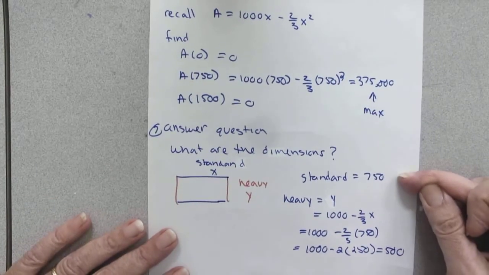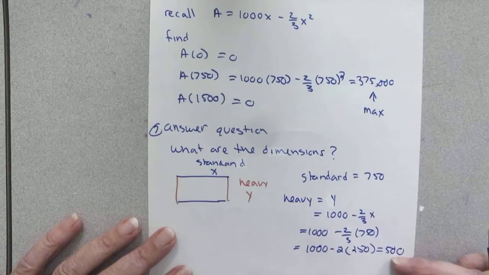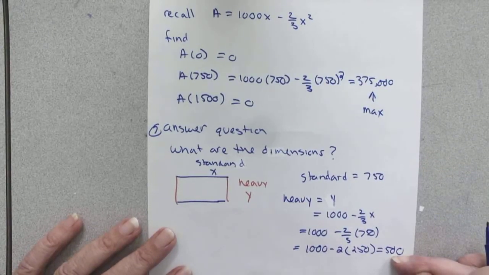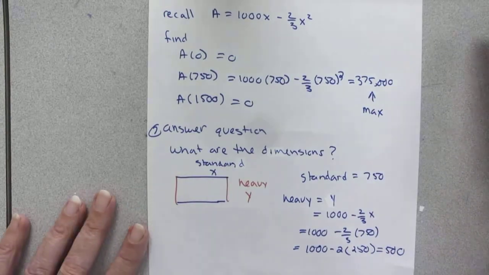So we want 750 feet of standard fencing and 500 feet of heavy-duty fencing. And that will conclude this video.